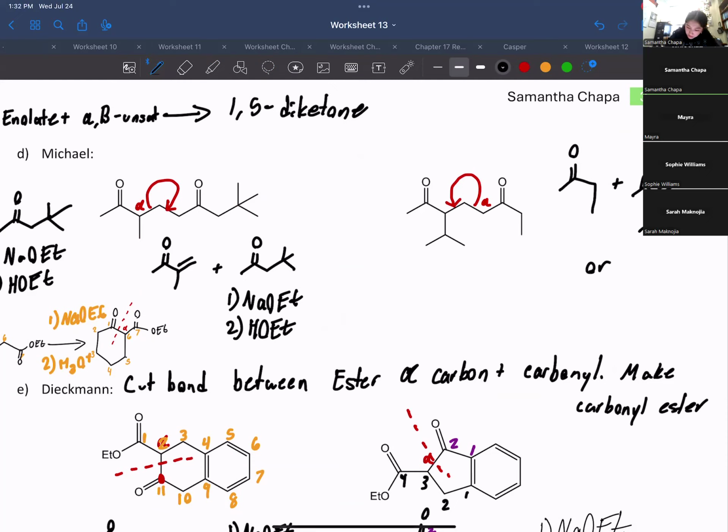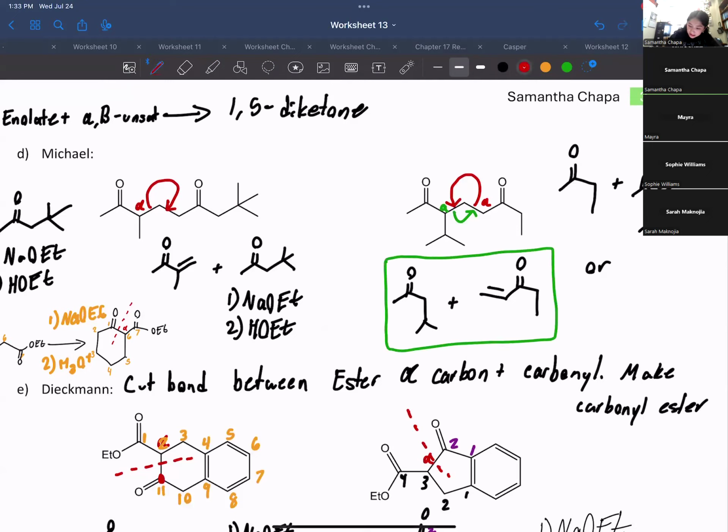Or you could have identified your alpha carbon here, put your double bond there. And so that means this would have been your enolate, and this part would have been your alpha beta unsaturated. This is the result if you did it through the green way, and this is your result if you did it through the red way.